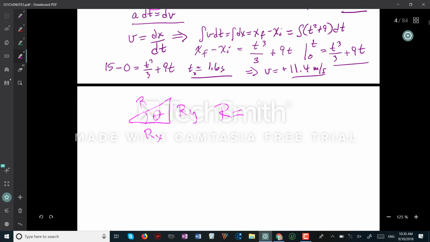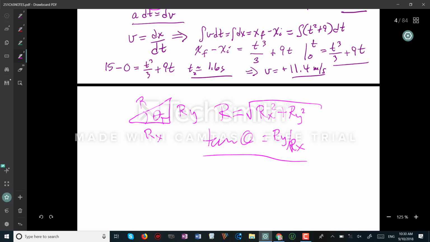Cartesian means that the two components are at right angles to each other. So r is the square root of r sub x squared plus r sub y squared. And tangent theta is ry over rx, as appropriately interpreted in quadrants 3 and 4.